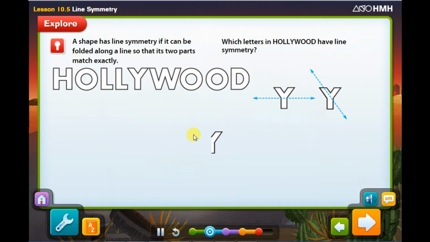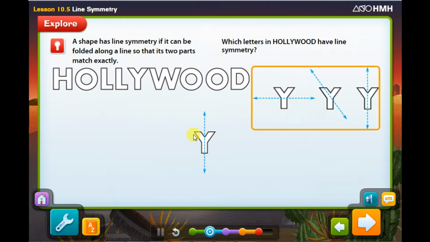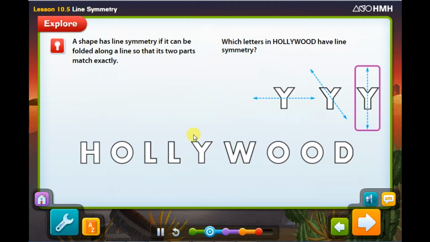If the left side were folded over the right side, the parts would match exactly. So the Y has line symmetry along a vertical line. This is called a line of symmetry. So you folded Y horizontally, diagonally, and vertically, and only the vertical fold was a line of symmetry. You've looked at the Y.